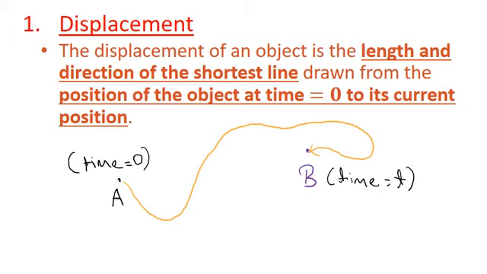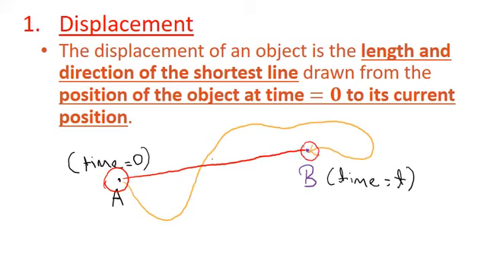Now, the displacement of the object is obtained by drawing the shortest line possible from the starting position, which is this point, to its current position, which is this point.